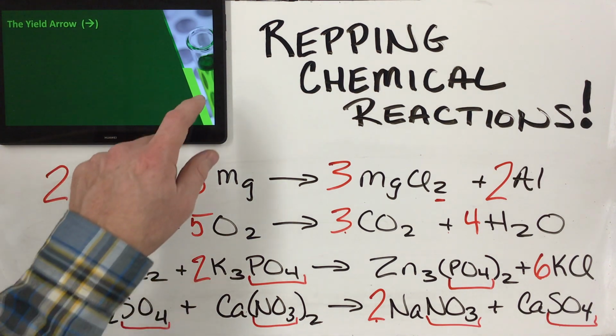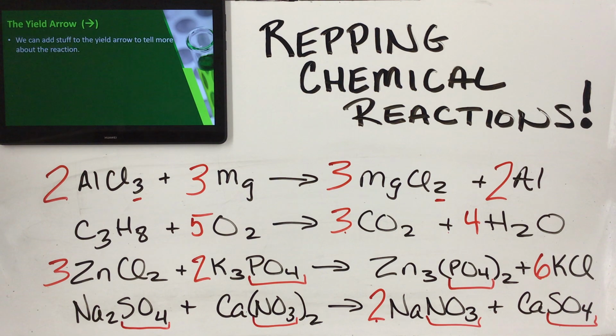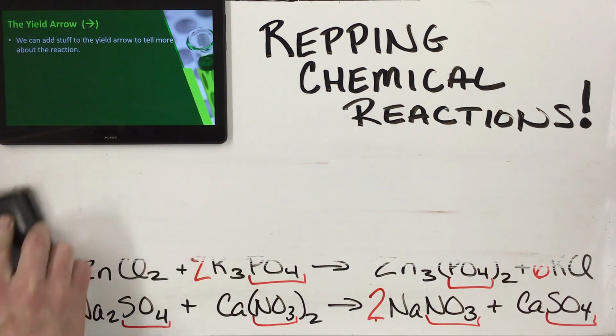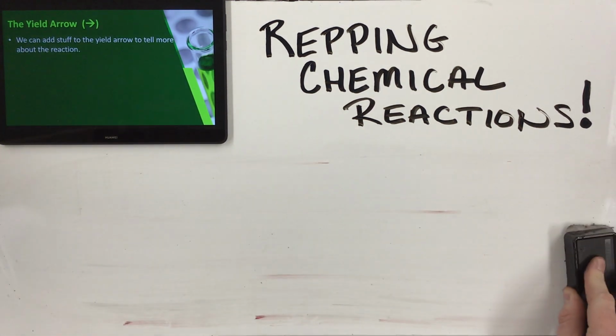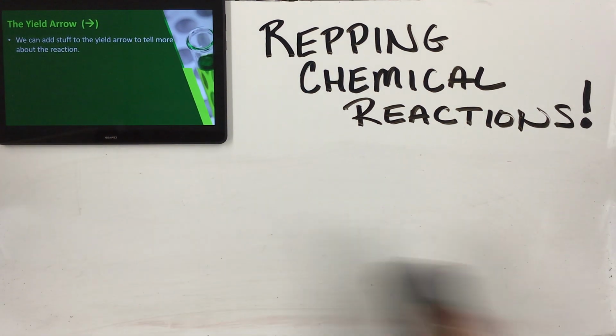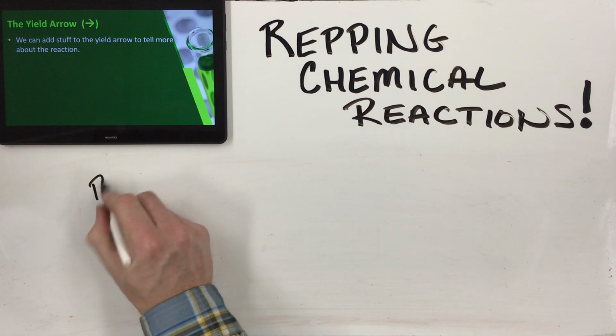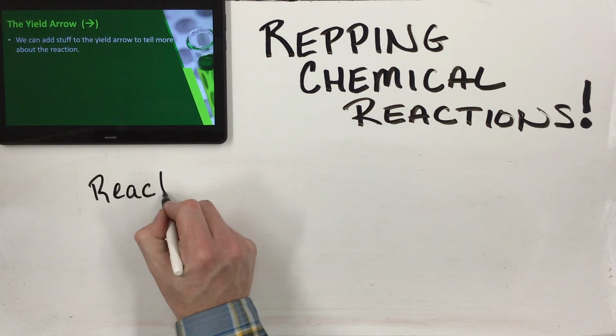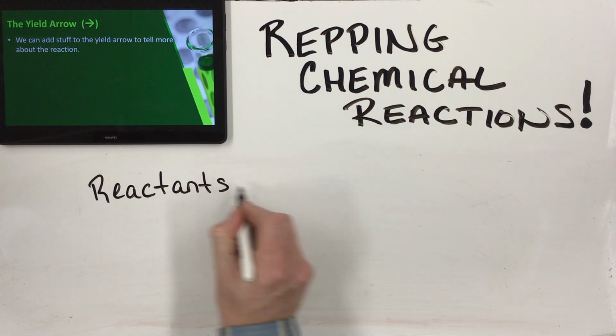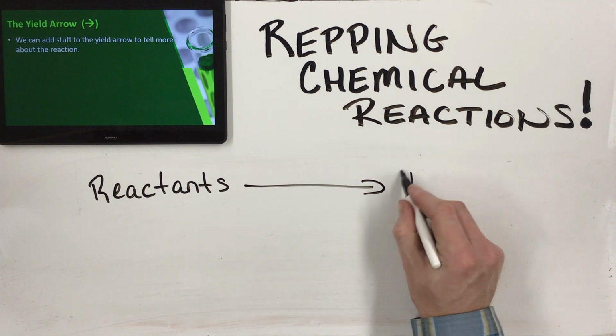Now, the yield arrow. We can add stuff to that yield arrow. If you need to get these down, pause the video. I'm going to erase them. So the yield arrow. We can put different things on that yield arrow that help tell us about the reaction.